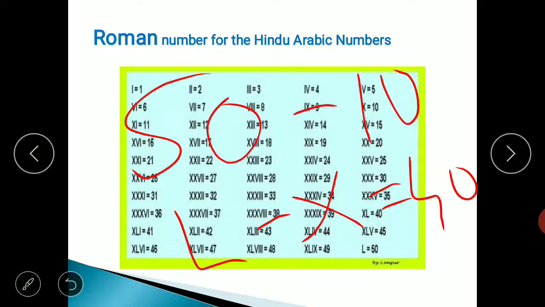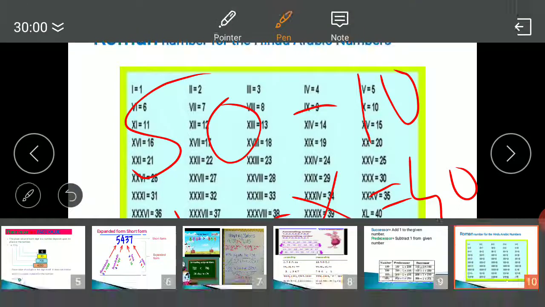So we write X on the back side of L, and it will become XL. XL is 40. Understand, students?